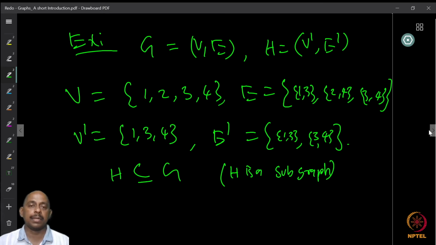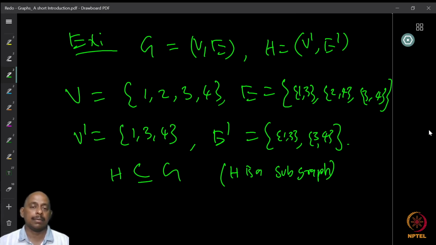Here is an example. Let us say G is the graph V comma E, where V is the set 1, 2, 3, 4 and E is the set {1,3}, {2,4}, and {3,4}. Now I have H, the graph V dash, E dash, where V dash is the set 1, 3, 4 and E dash is the set {1,3} and {3,4}.